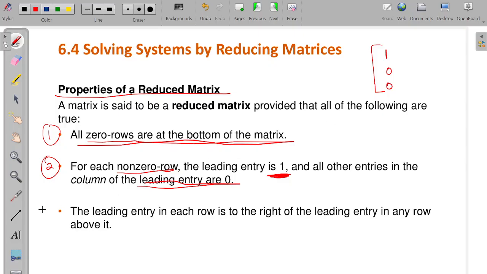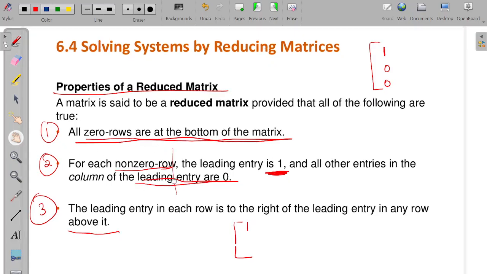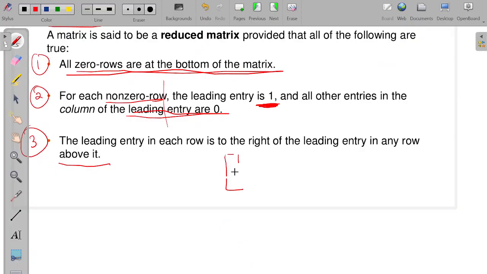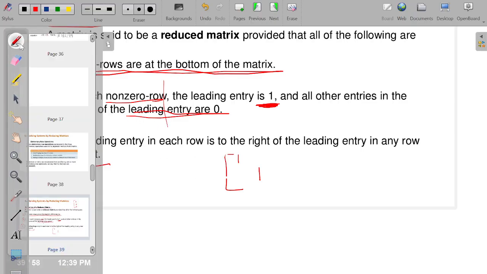Number 3, the leading entry in each row is to the right of the leading entry in any row above it. So when we have a leading 1, any other leading 1 should be to the right of it, not to the left.